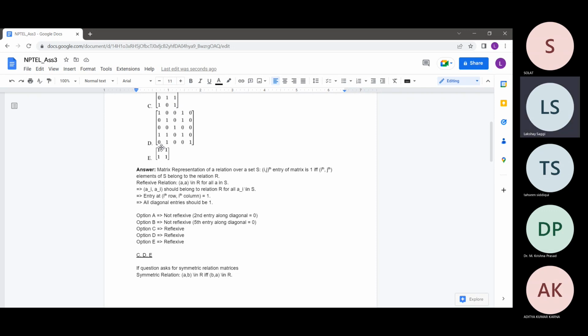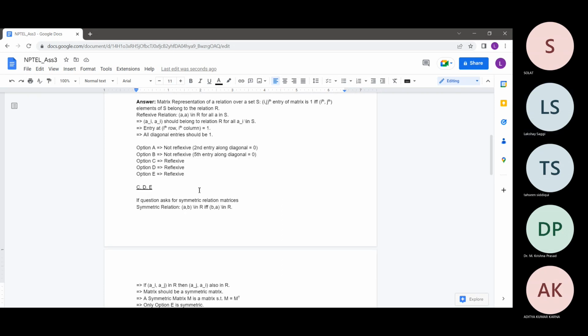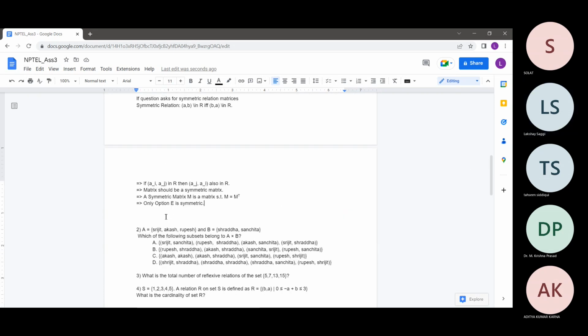Option E right now is both reflexive as well as symmetric. But if the diagonal entries were instead 0 for option E, it would still be symmetric but not reflexive. Just adding a side note so you guys can see that this makes sense.